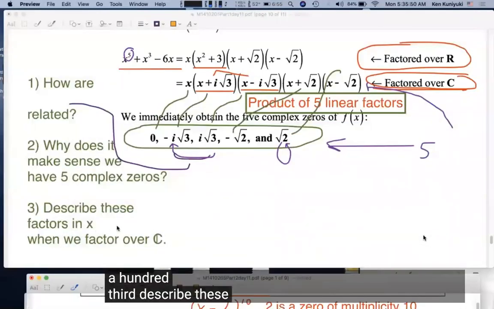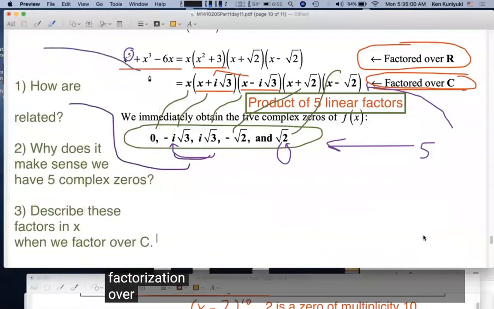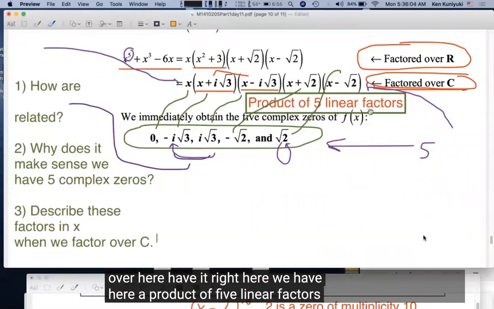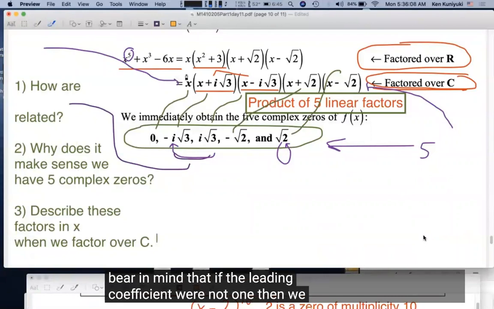Third, describe these factors in x where we factor over C. I'm referring to this factorization over here. We have here a product of 5 linear factors. Bear in mind that if the leading coefficient were not 1, then we would have that leading coefficient in front over here. So we could have a constant factor as well.